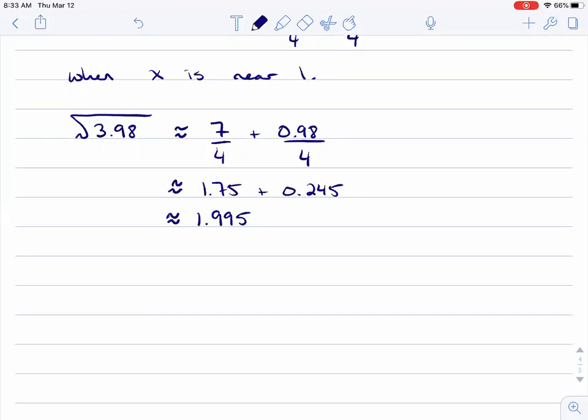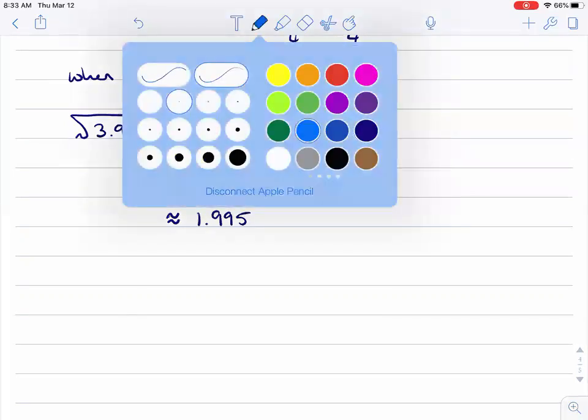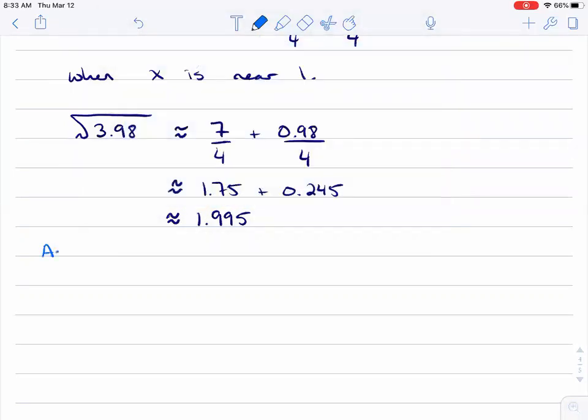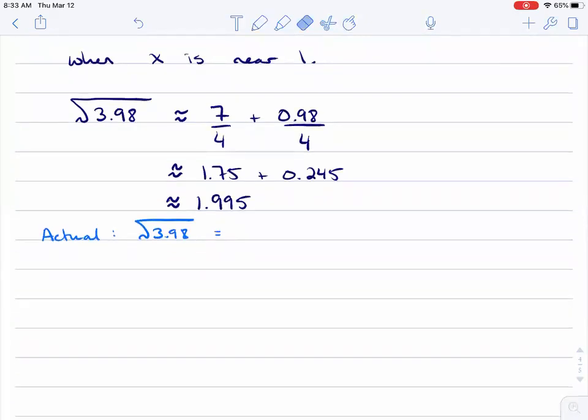And what we can do is the actual: if we do the root of 3.98 on our calculator, well, I shouldn't even use an equal sign, but the root of 3.98, I'll say is still approximately equal to, right?